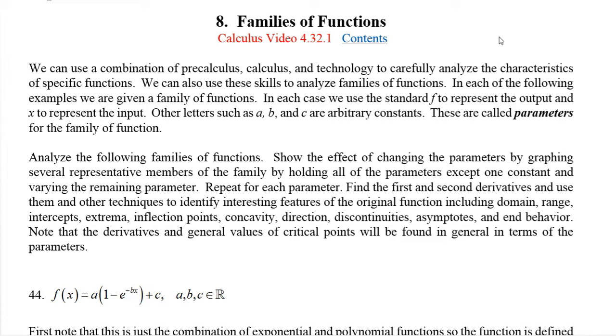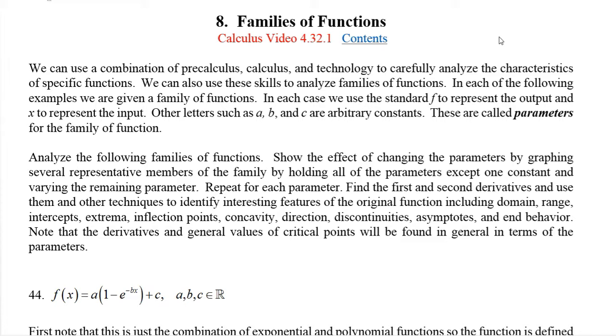But they're arbitrary constants that can vary from one function to the other, and this puts together an entire family of functions for the different values of a, b, and c, giving us different members of that family of functions. Those numbers a, b, and c, the constants that can be changed, are called parameters for that family. So what we want to do is analyze a family of functions.